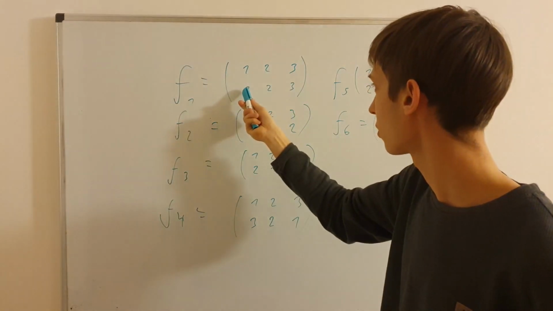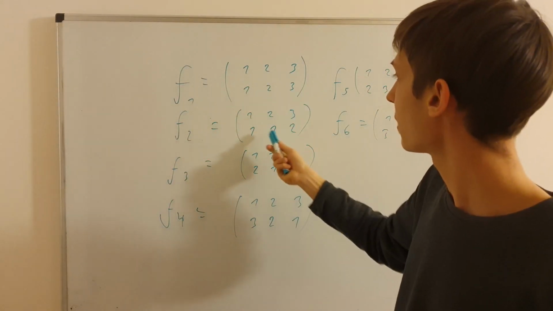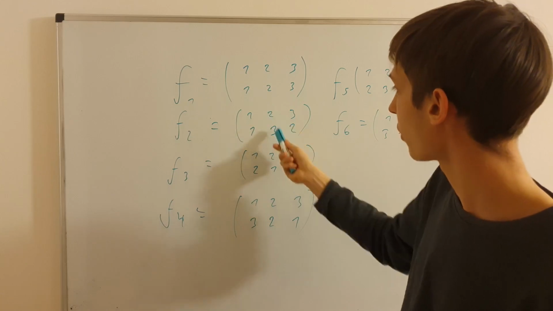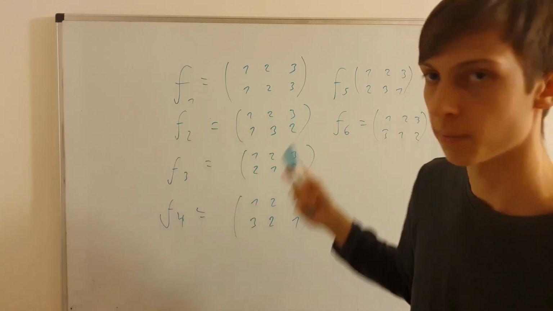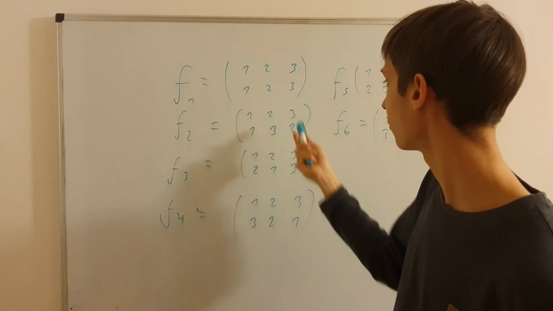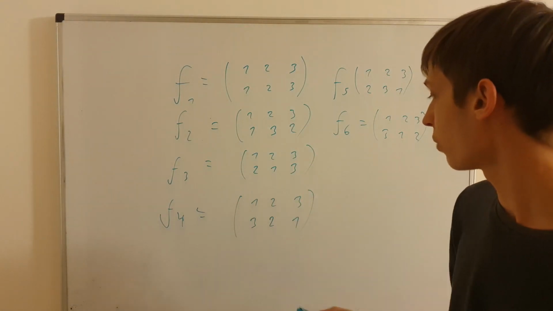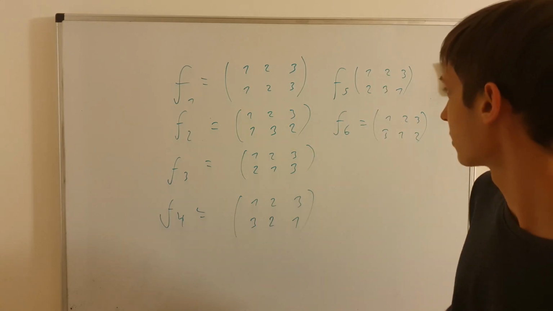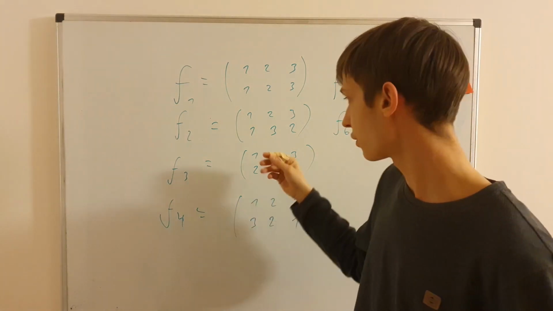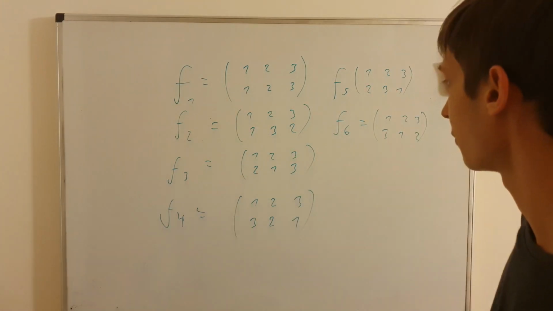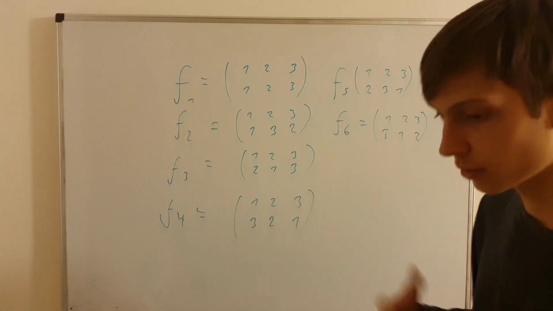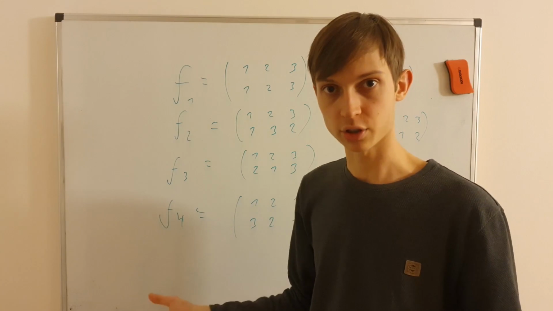So of course, 1 can go to 1, 2 to 2, 3 to 3, but it can also be in this way that at least one will be exchanged. So that means 2 will actually be exchanged: 2 to 3 and 3 to 2 instead. Or 2 to 1 and 3 to 3. Or 2 to 2 and 3 to 1. All these options, because there's three numbers, there's now six different permutations. So that's the reason why it's called the group of permutations.